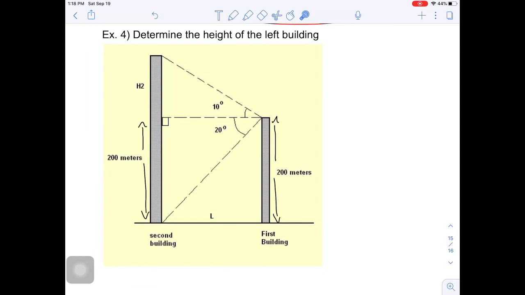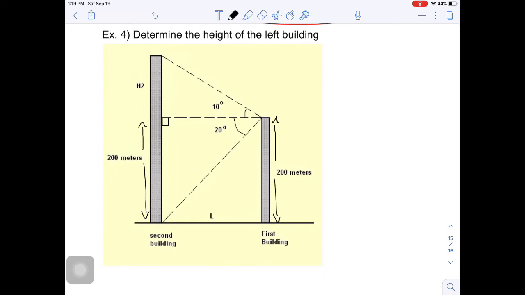You've got to think about what you need to use. In order to figure out the height of the left building, which is the height from here to here, we'll need to figure out H2 and add it onto here.